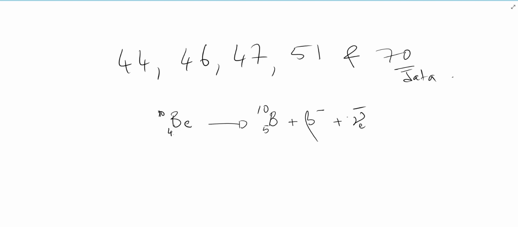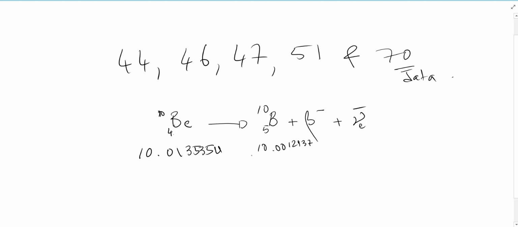And so we need these numbers in here. So beryllium, they tell you it's 10.013535 u, and boron from that table is equal to 10.012937.